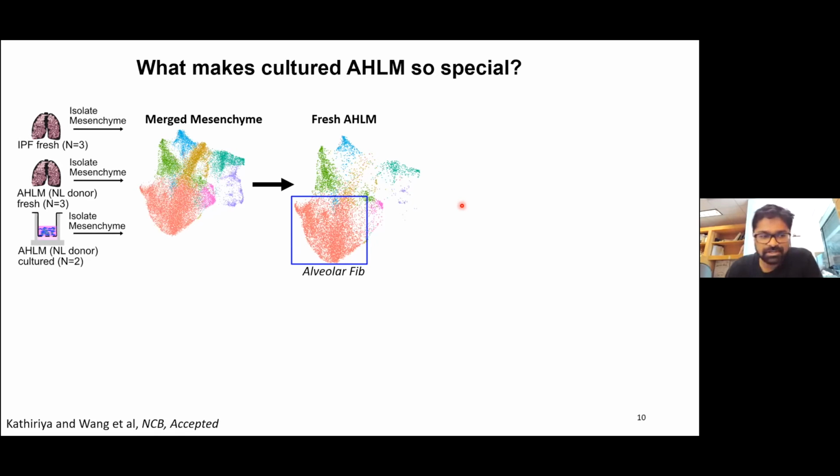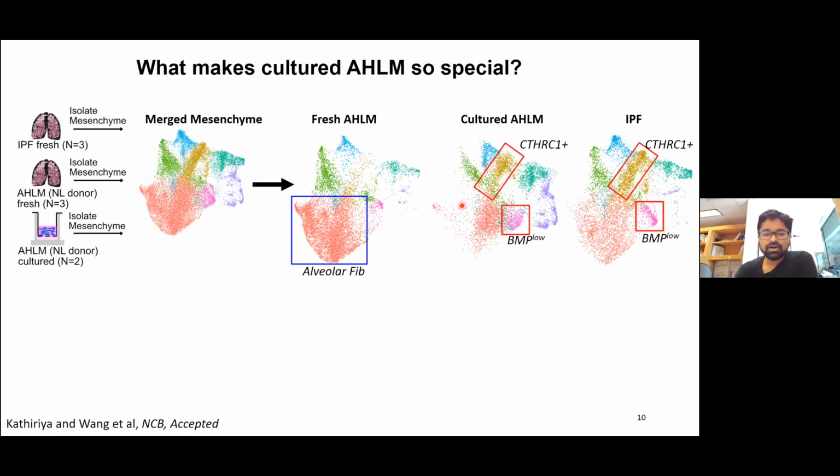What was interesting is that the cultured AHLM and IPF had two clusters that are specifically increased in these two mesenchymes. One was these BMP low clusters, a group of fibroblasts that expressed a number of proteins that are known to antagonize BMP signaling, just as BMP signaling is known to promote a type 2 fate.